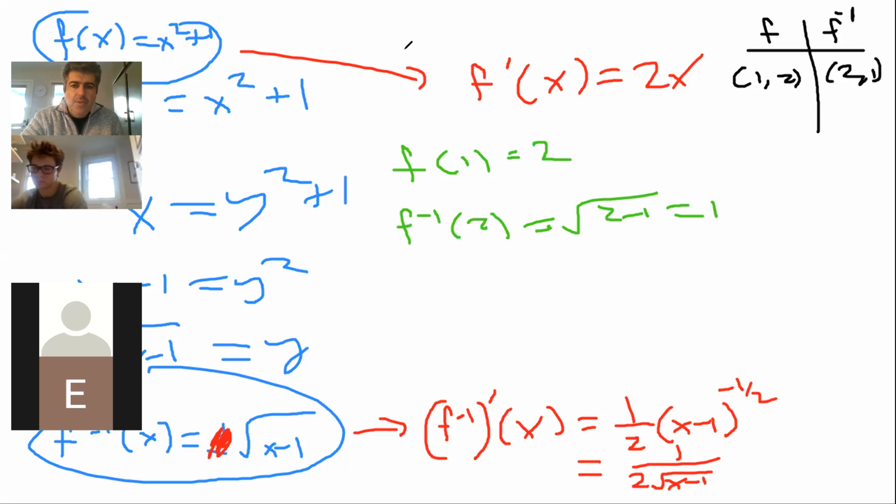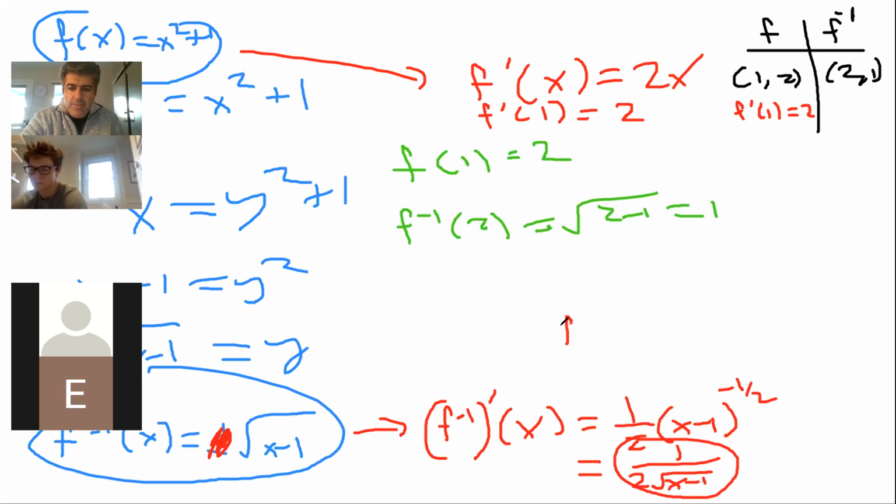Now, what if I do this, f prime of 1? That's going to be 2, right? So f prime of 1 is 2 here. Well, what about plugging 2 into the derivative of the inverse?